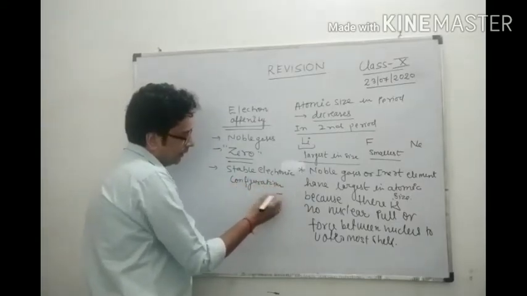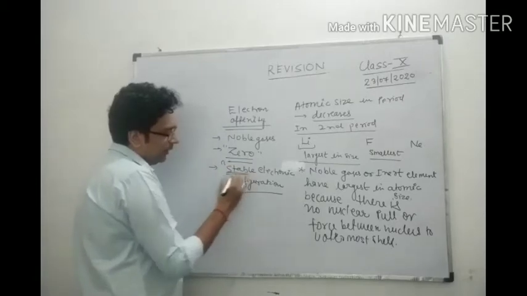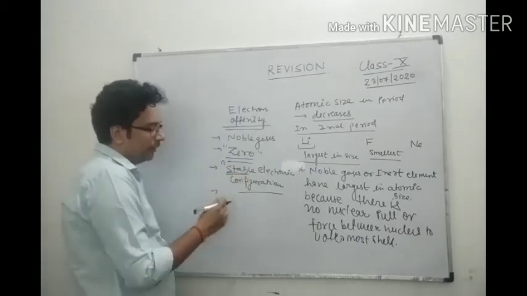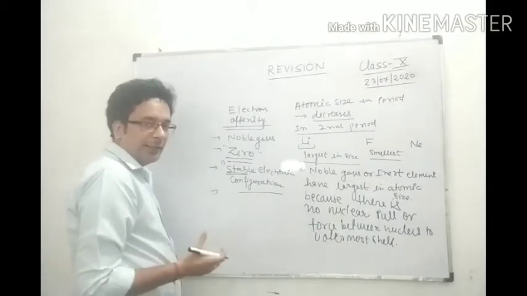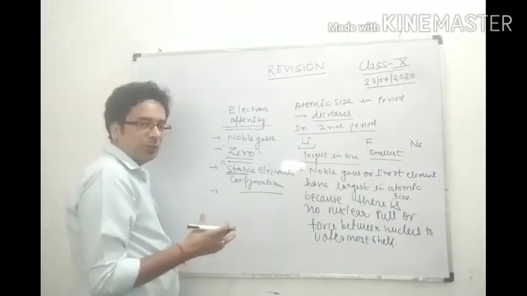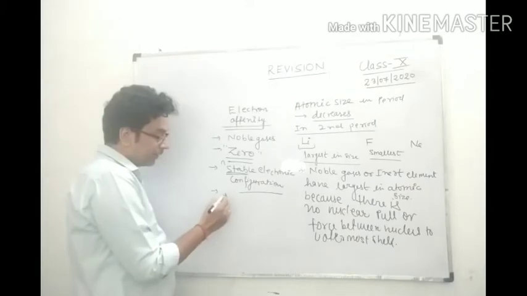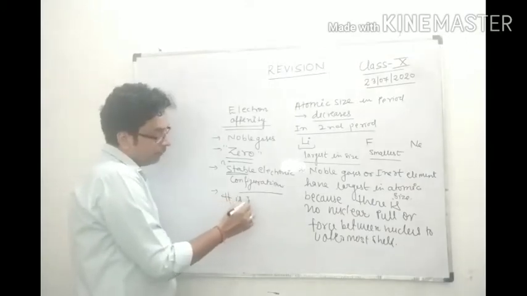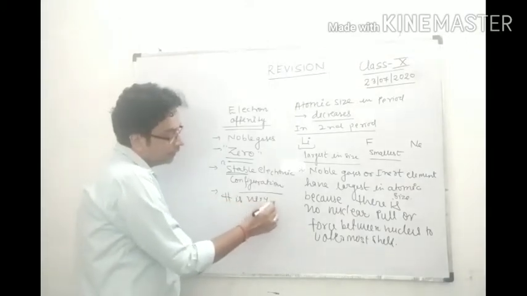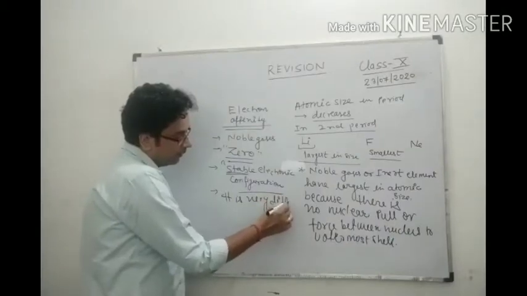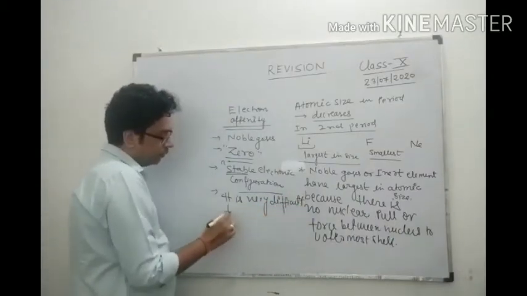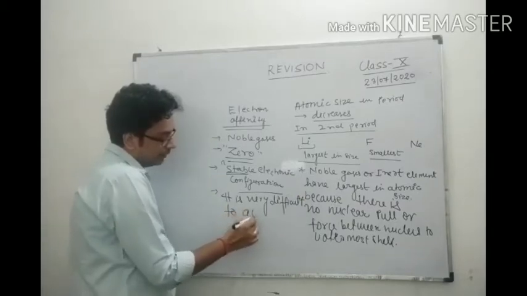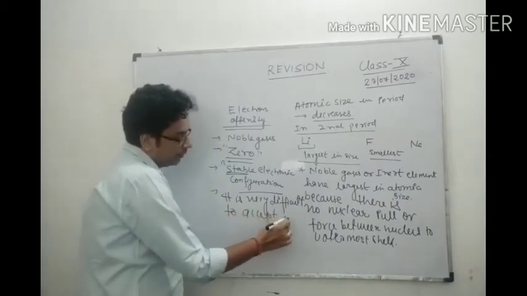This is very important, stable electronic configuration. So what is the meaning of stable electronic configuration? They complete their octet, that is 8 electrons in the outermost shell, and it is very difficult to accept an electron.